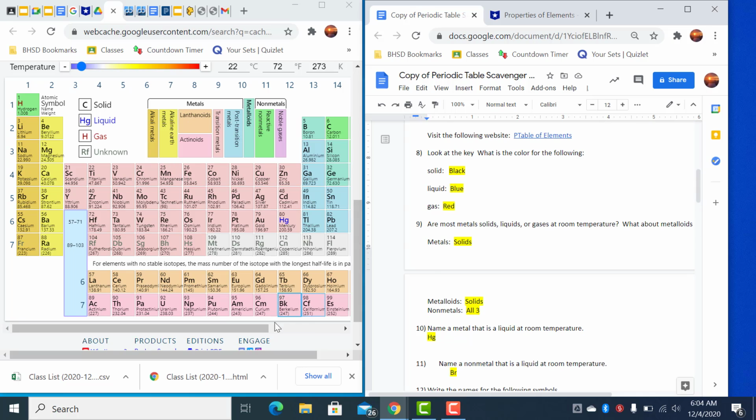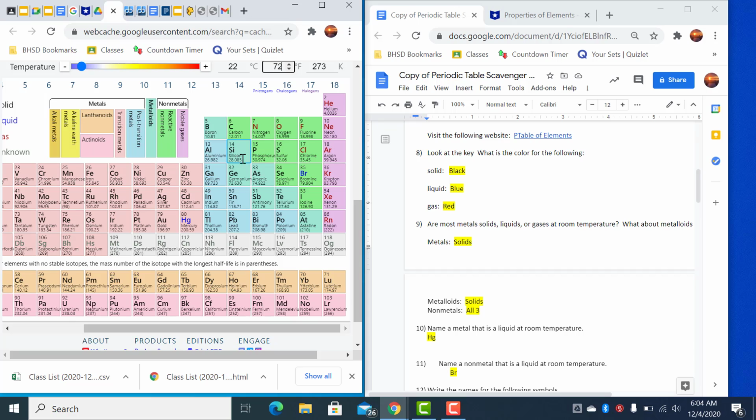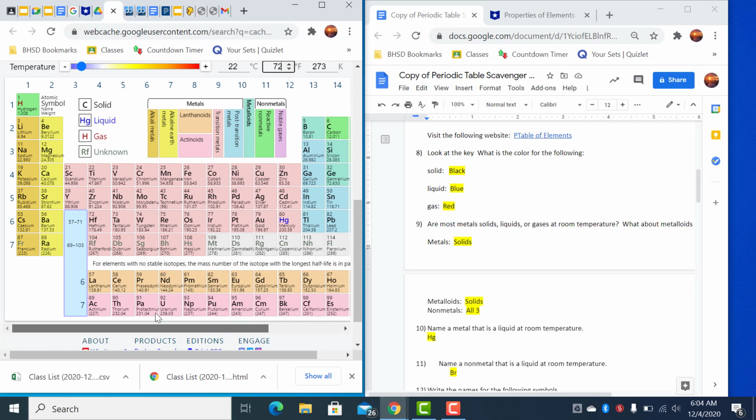For metalloids, they're all solids. So if we scroll over here, these green ones here, look at all the metalloids, they're all solids. And the nonmetals, it's all 3. So we have the noble gases, and then chlorine, fluorine, oxygen, and nitrogen, and then also hydrogen over there.